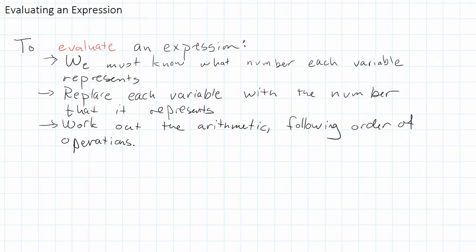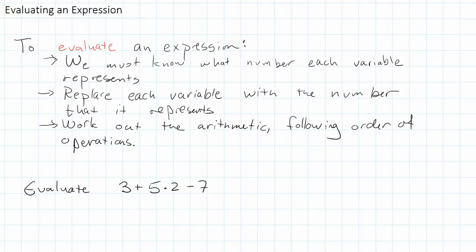So when we see evaluate 3 plus 5 times 2 minus 7, okay, we don't see any variables, so there's nothing to do with those first two parts. We just need to work out all the arithmetic.